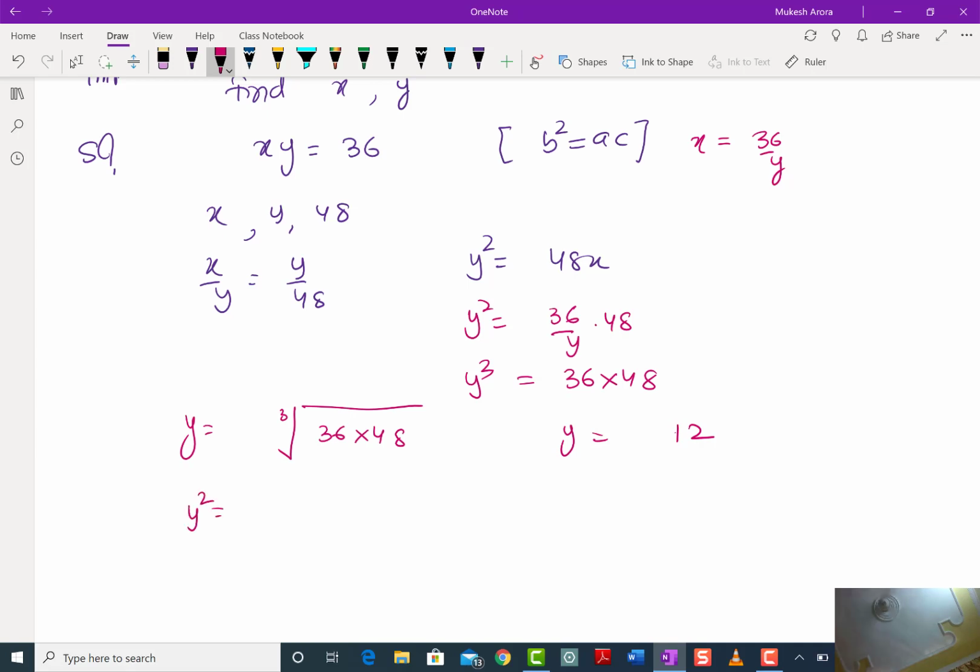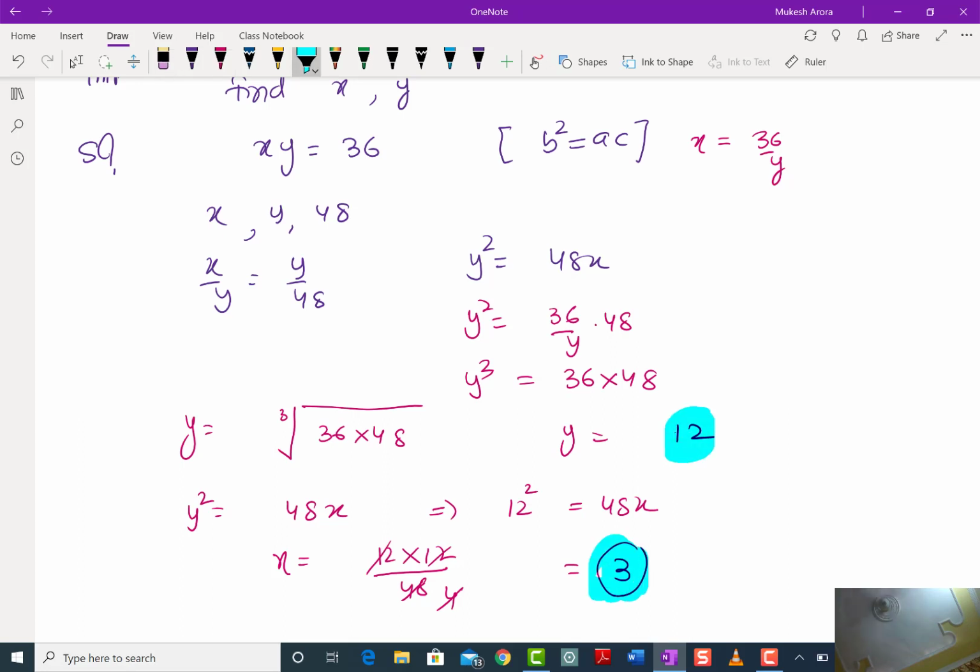Now y square is equal to 48 into x. So 12 square is equal to 48x. X is equal to 12 into 12 by 48. This will be 4 and this will be 3. So we have both the answers with us, 12 and 3.